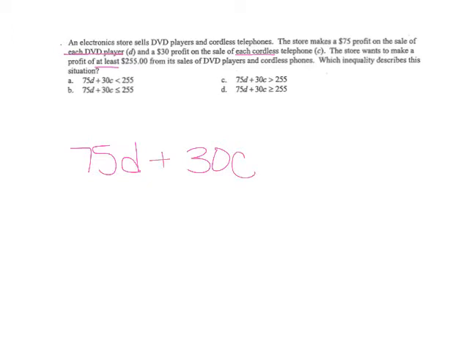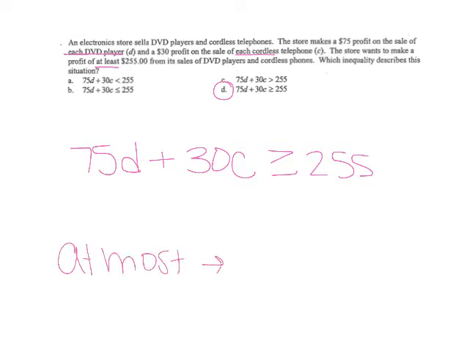We're going to add those together, and it's at least. That means the smallest amount it can be is 255. So it needs to be greater than or equal to 255. At least means that's the smallest amount it could be. If it said at most, it would be less than or equal to.